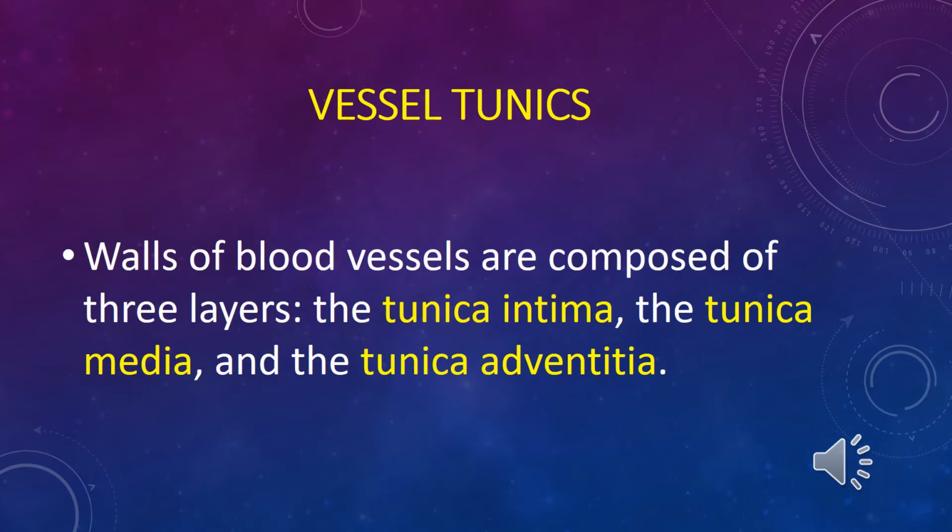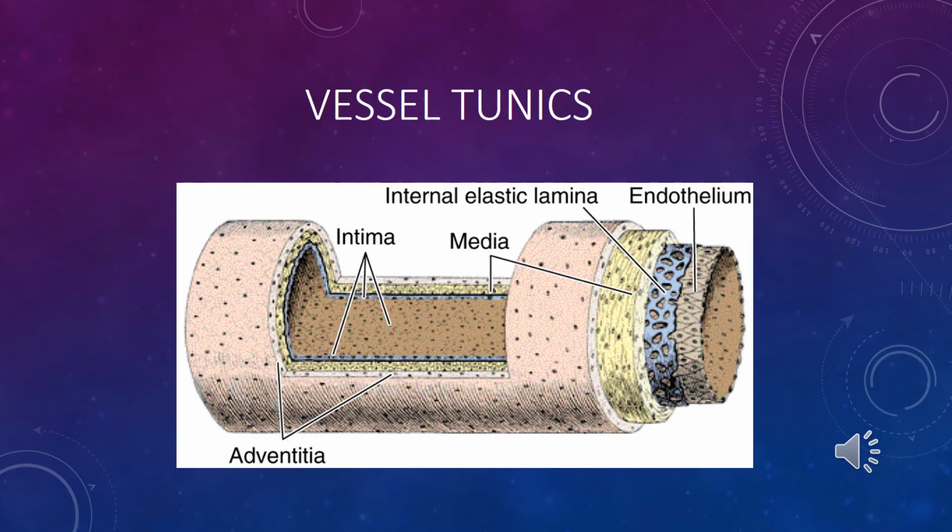The first part of the lecture is about the composition of blood vessels. In general, blood vessels are composed of three types of tunics: tunica intima, tunica media, and tunica adventitia. On this slide, you can see the structure of the wall of an artery or vein.